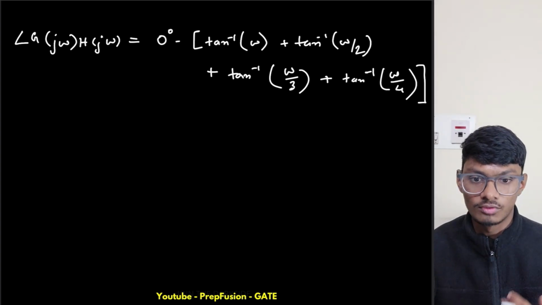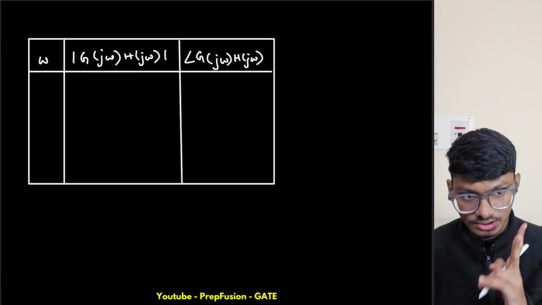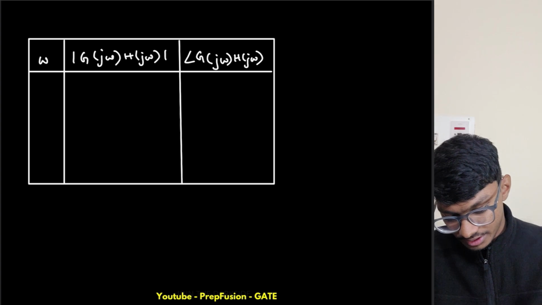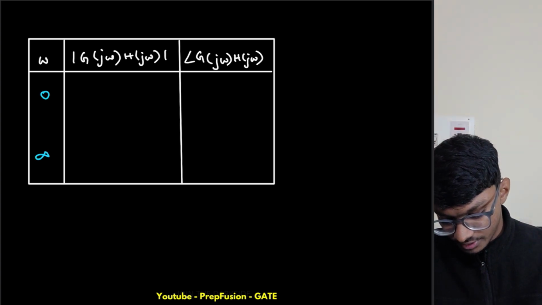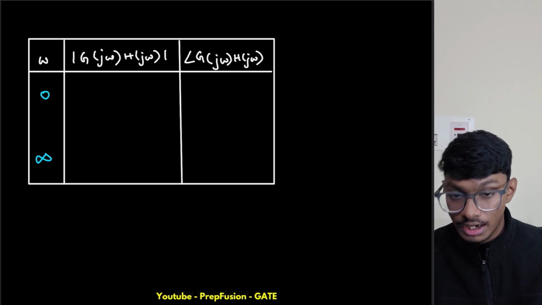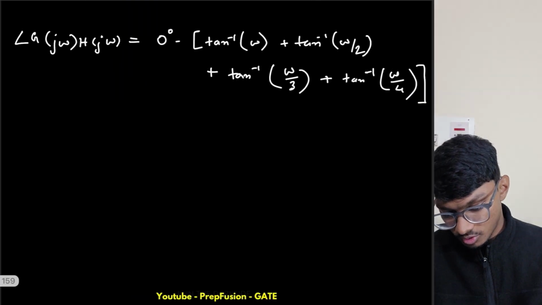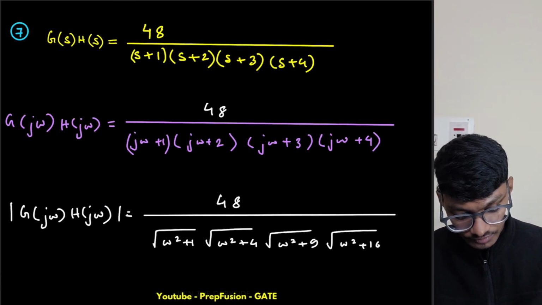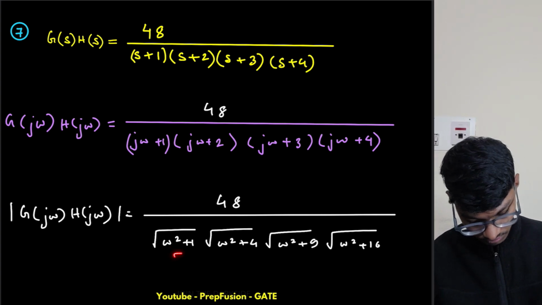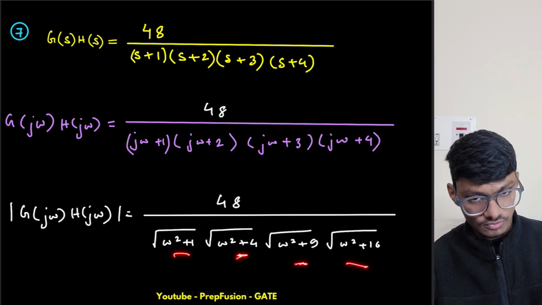Now let's go for the plot. If I just take 2 points, omega equals 0 and omega equals infinity, what happens? Let's first do the magnitude. At omega equals 0, if I put 0 over here, this becomes 1 times 2, under root 4 is 2, times 3 times 4.